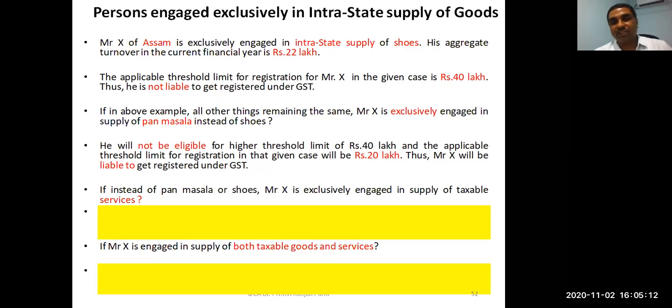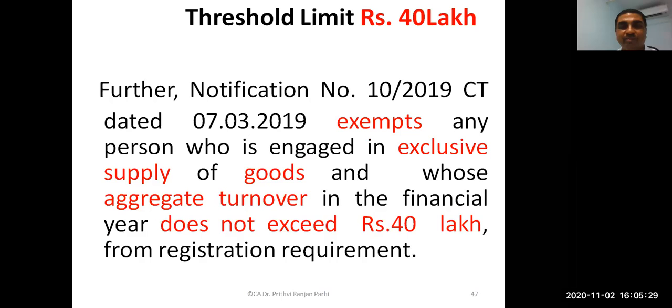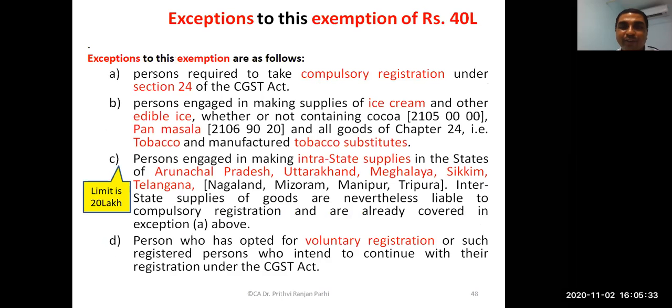No. First of all, let us understand. You see, there are three limits. Normal limit is 20 lakh. And for special category states it is 10 lakh. 40 lakh threshold limit is applicable only because of this special notification. And this particular notification excludes pan masala.